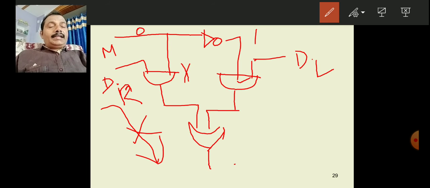That means left shift data is entered into the flip-flop and the left shift operation is done for every clock pulse. So with the two AND gates and one OR gate, we are able to configure the shift register as left shift or right shift with the help of this gate circuitry. So this is the important concept you have to remember.